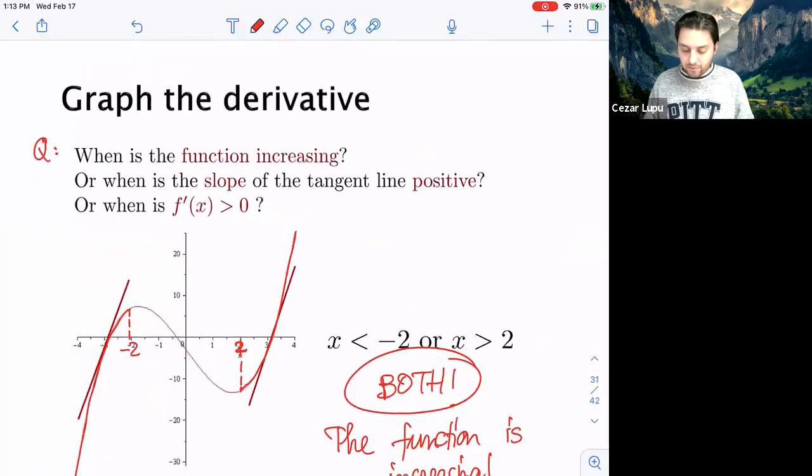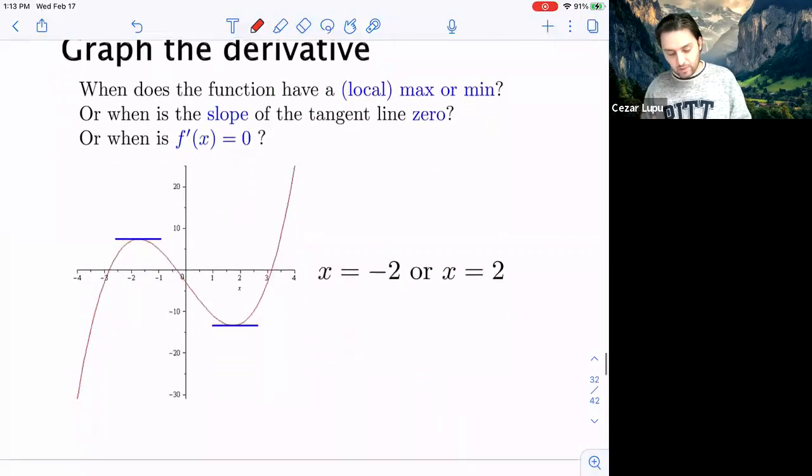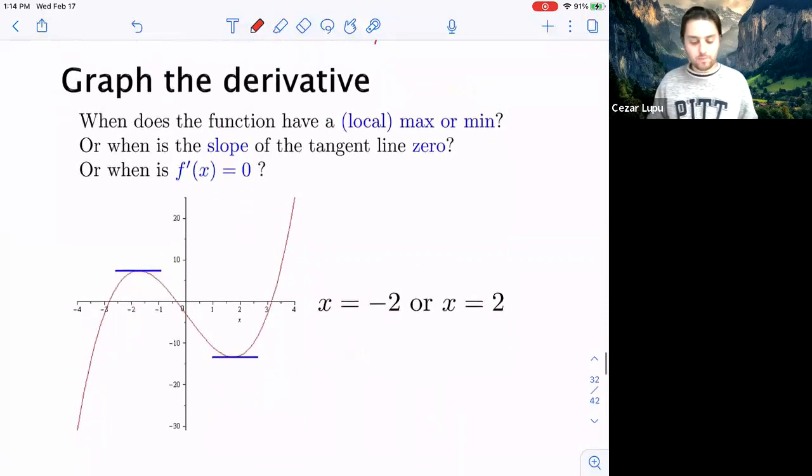When the graph flattens, the following thing will happen. We're wondering what kind of points we have there for which f prime of x equals 0. And we will have something we call a local min or local max, local extrema at one point.